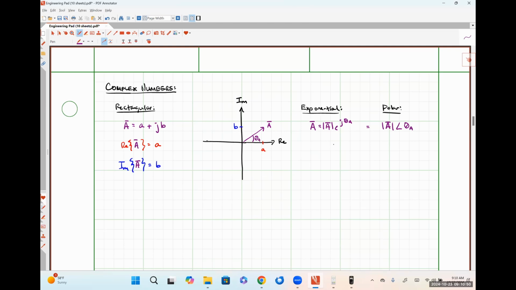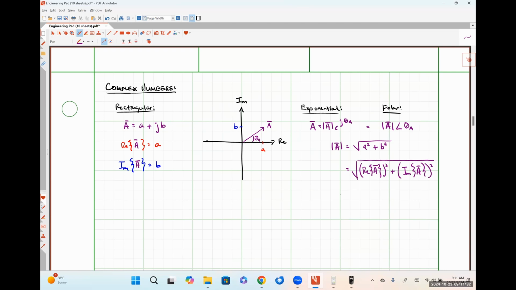So we could say that the magnitude of A is simply the square root of A squared plus B squared, or more generally, it is the square root of the real part of A squared plus the imaginary part of A squared. So literally nothing more than good old Pythagorean theorem for a right triangle. Okay.